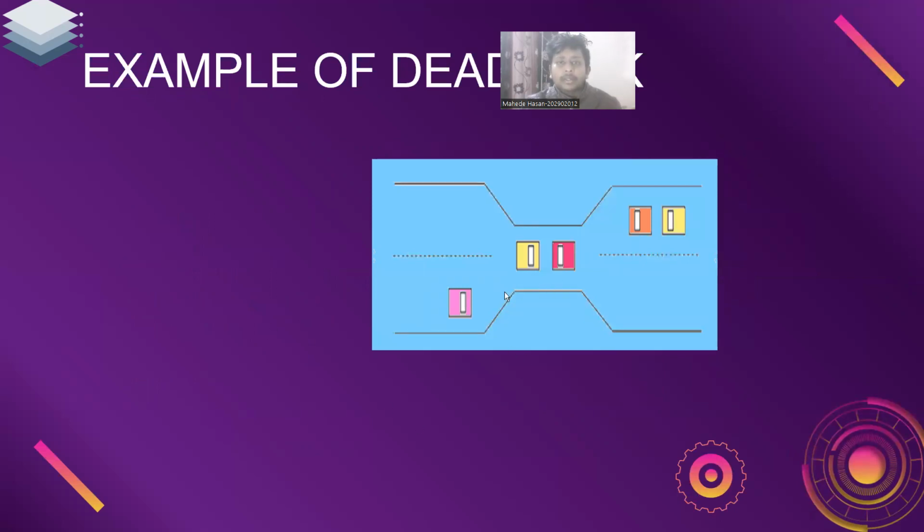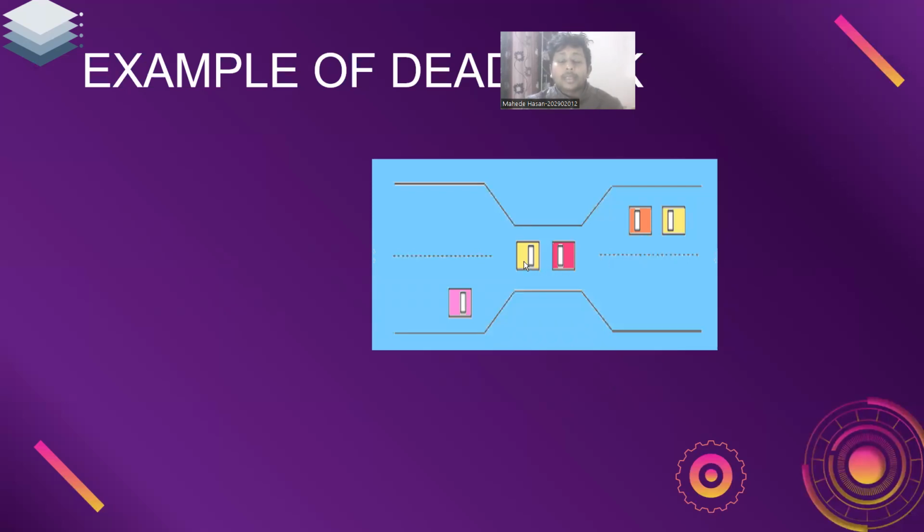So this is the example of deadlock. Let's understand deadlock with a real life example. Consider a one-way road where two cars coming from opposite directions block each other's passage. Here the road is the resource required by the cars, and a car getting to the other side of the road can be considered a process.